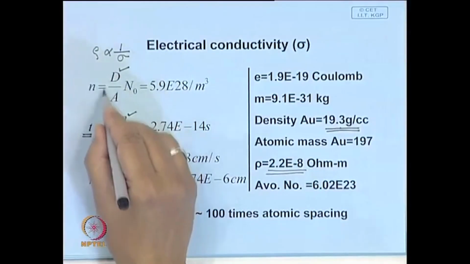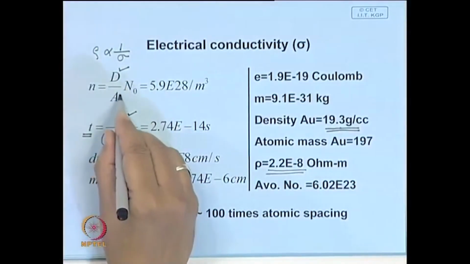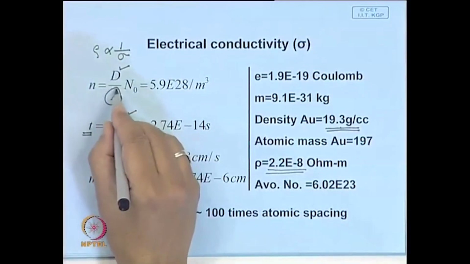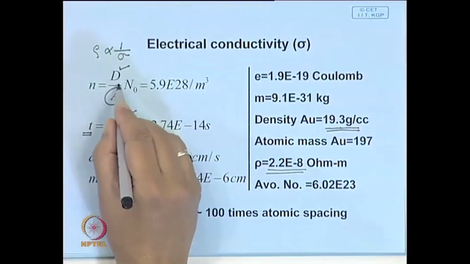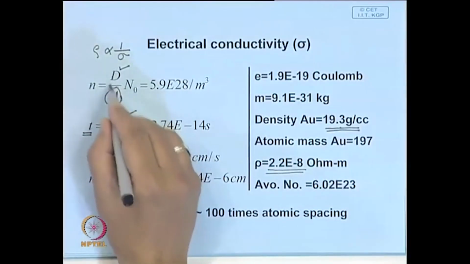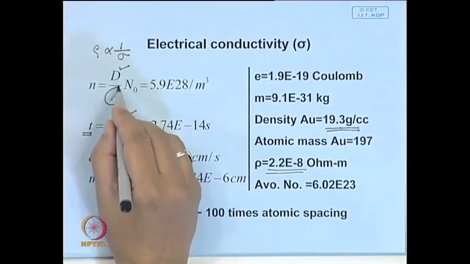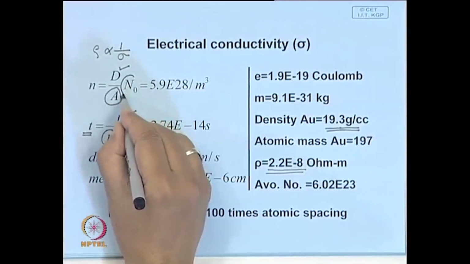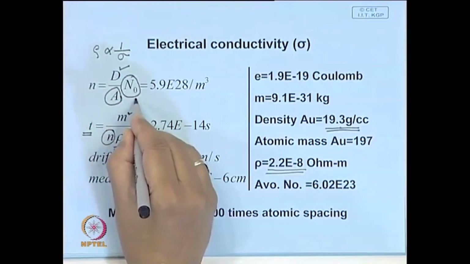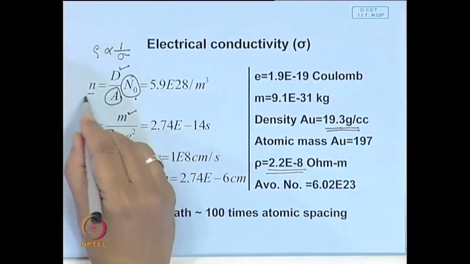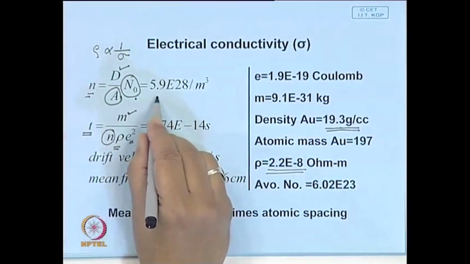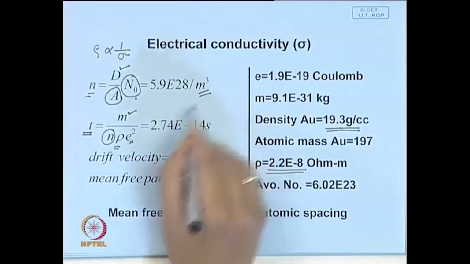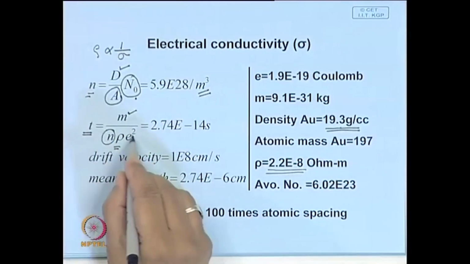If you divide this by its atomic weight, you get the atomic mass of 1 cc of gold, and then you multiply it by the Avogadro number. Then you get n, the number per cc, and you need to convert it into meter cube to substitute in this expression.